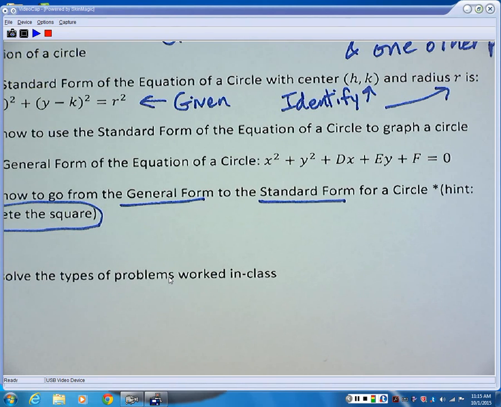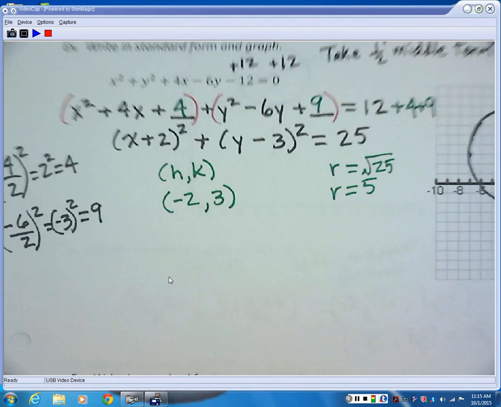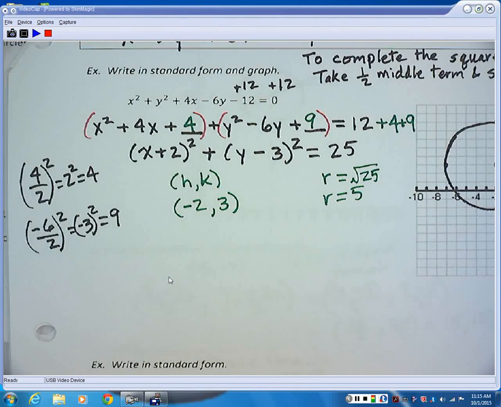Okay, so we did some of those in the notes. You know, I can show you. We did 2 completing the squares in the notes. I'm trying to bring up the book.